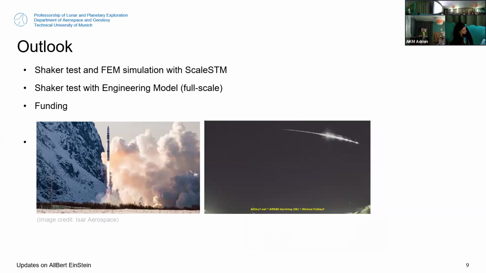And the outlook is, after we are done with the shaker tests of the scaled model and the FEM simulation, we go for the real big model, the real one, to do the same tests again. Then we need some funding, so if someone has some money left. And then we have the launch, and we create our real meteor with our artificial meteoroid. That's the plan. Thank you very much.